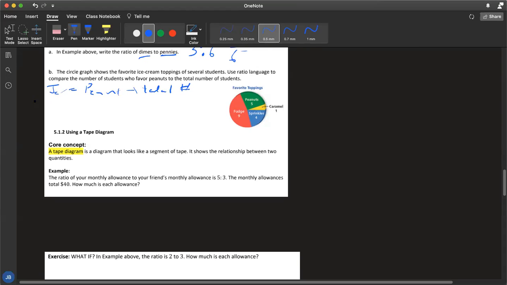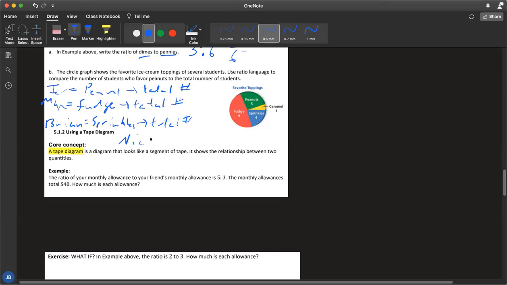Max, can you do the fudge to the total number of students? We'll go to Brian. We're going to do sprinkles to the total number of students. Then we will do Nicole.